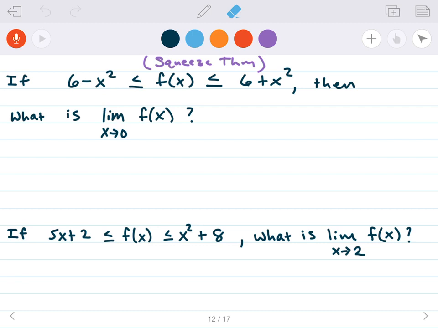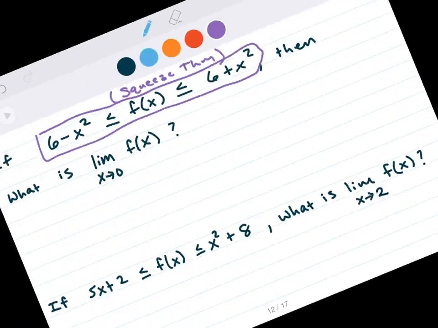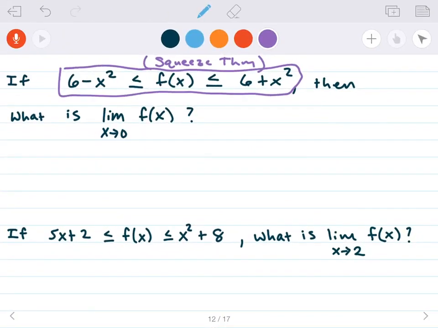So basically what we have here is a situation where f of x is some function that's bigger than or equal to 6 minus x squared, less than or equal to 6 plus x squared. We want to find the limit of the functions on either side, and if it turns out they're the same, then that's the limit of the middle one.